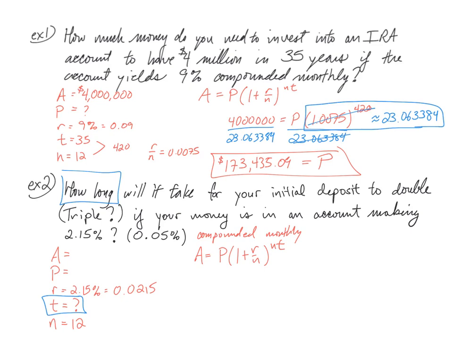It just says your initial deposit to double. Well, we don't know what the initial deposit is, but let's just call it 10,000. Double that will be 20,000. Okay, so there we go.